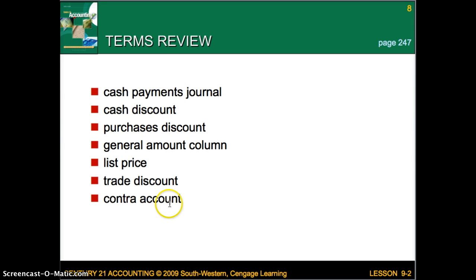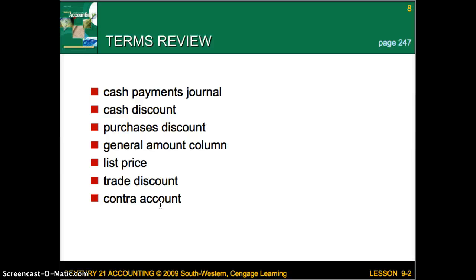Let's talk real quick about this contra account. Purchases discounts are recorded in a general ledger account titled Purchases Discount. An account that reduces a related account on a financial statement is called a contra account. So this purchases discount is going to reduce the amount of the purchases.